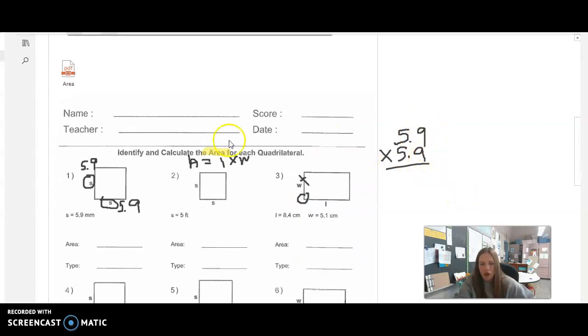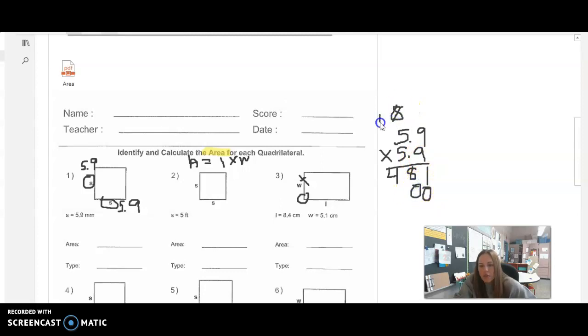Okay, let's do our square right here just as a little check. 9 times 9 is 81. 5 times 9 is 40 plus 8 is 48. Put my placeholder. 5 times 9 is 40.